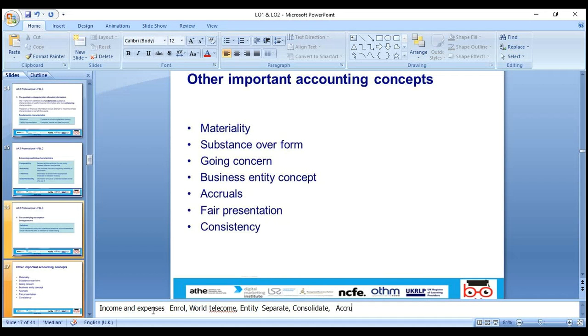Accrual. Anybody know what is meant by accrual? Accrual is also known as the matching concept. It means the financial statement should record all transactions not based on cash, but when they happen. Think about gas, electricity or energy bills: we get them maybe after a quarter, but our accounting period finishes on the 31st December.